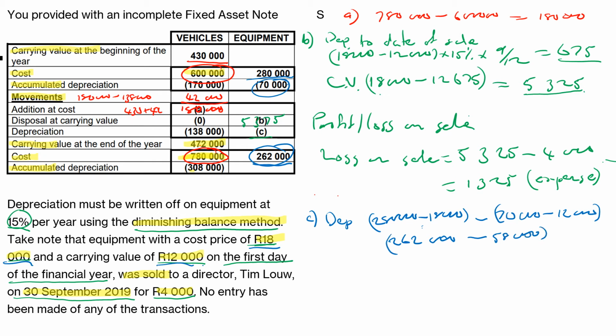So all this is multiplied by what? 15%. So 262 minus 58, times 15%.